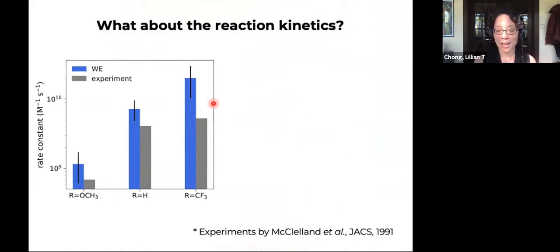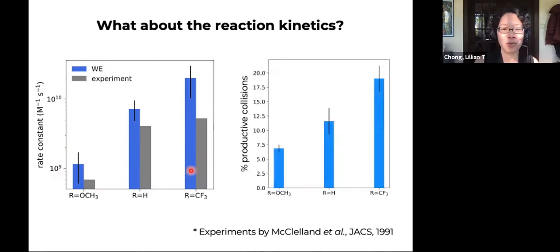for the quantum mechanics. So these 2 cations, the unsubstituted and the electron withdrawing substituent cation, are close to the diffusion controlled limit, while this methoxy substituted cation is a bit slower. And we also had enough sampling to estimate the % collisions that are productive for forming the target state.